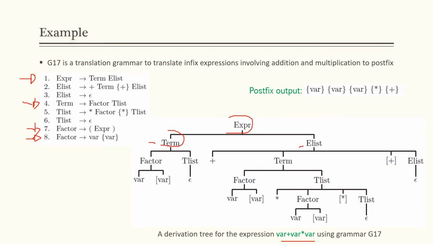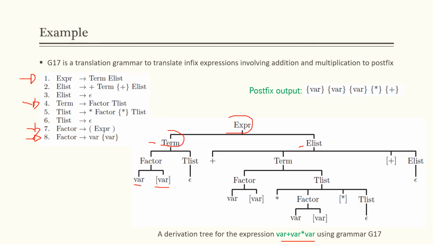Because the derivation that you want is to be able to produce var plus var times var, the next derivation will start with rule number 8, factor, var, and in the curly brackets, another var. Okay, it means that we also represent the output, we also represent the action symbol inside our derivation tree.